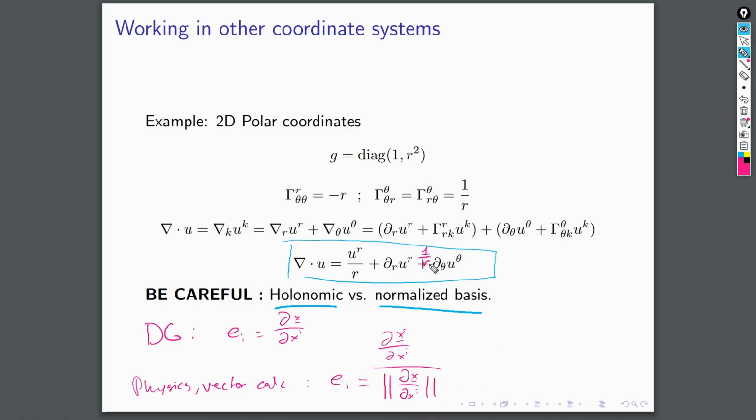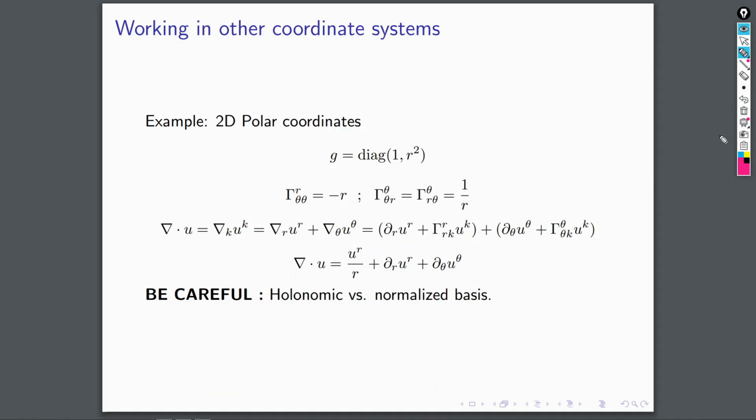Okay, so this discrepancy here just comes down to what you're defining u theta as. Okay, so whether you're defining this component with respect to the holonomic or the normalized basis. All right. So it's not hard to fix, but it just requires some care, okay?